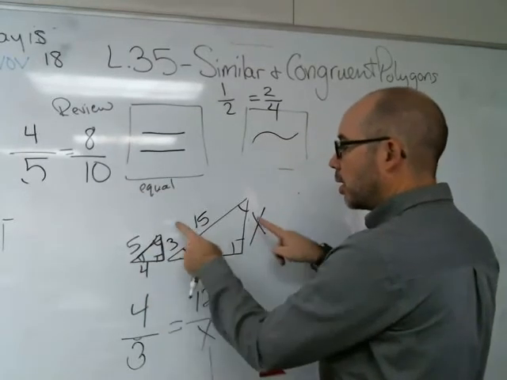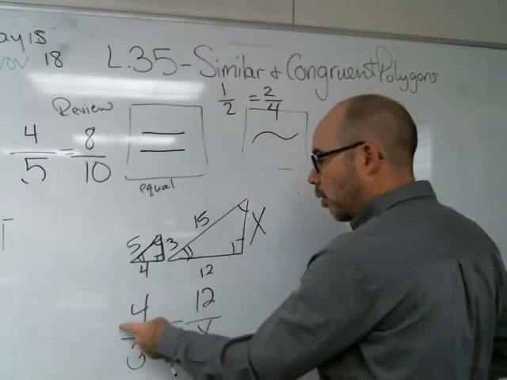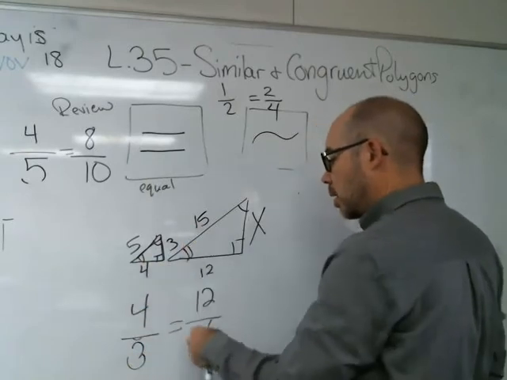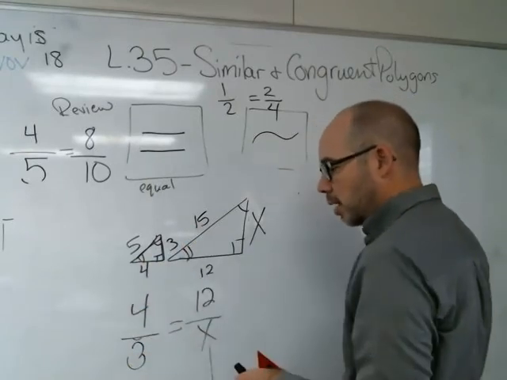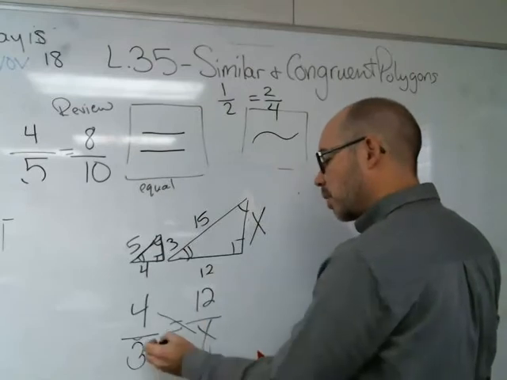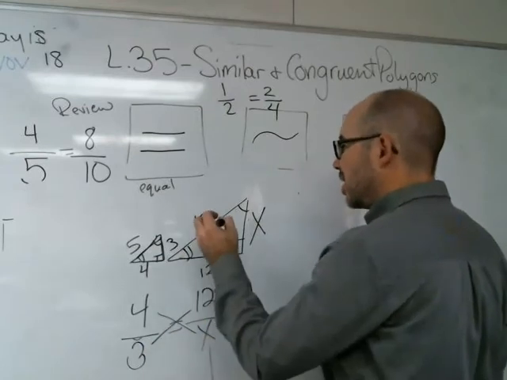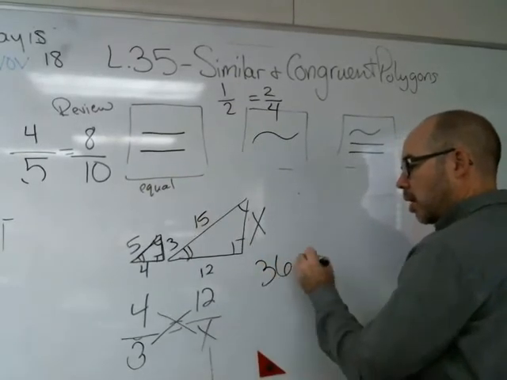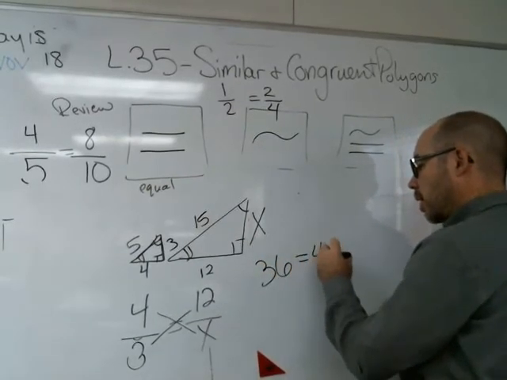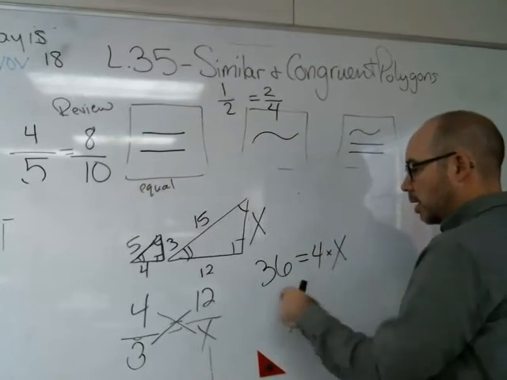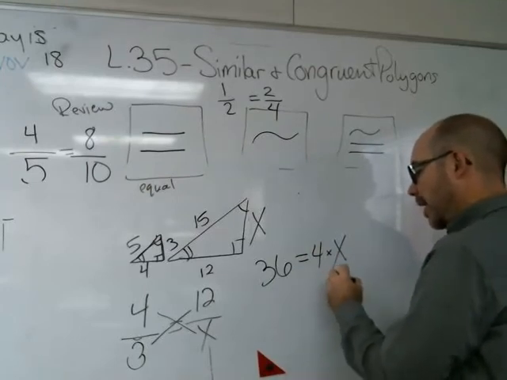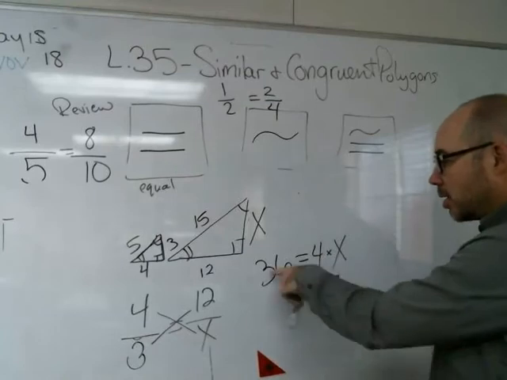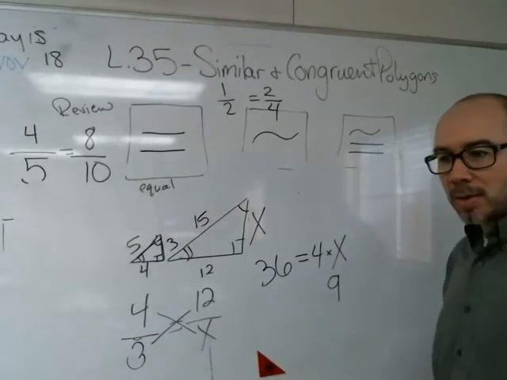These ones go together. 4 is to 3 over here as 12 is to x over here. Can cross multiply and divide. So we see that 3 times 12, which is 36, equals 4 times x. And so my answer still is 9. X must be 9 so that the two sides can be equal to each other.